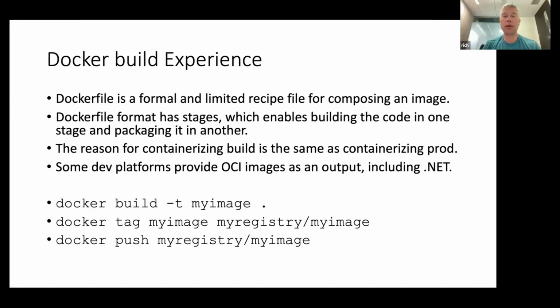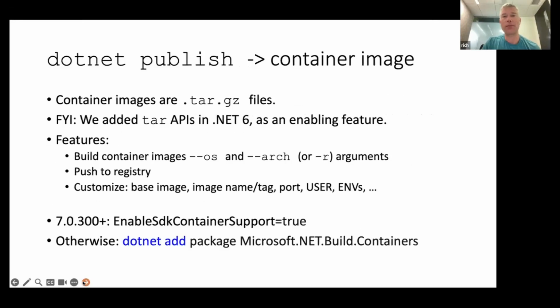What you see here is the traditional, old school system. This is actually the one that I continue to use personally since I'm so familiar with it. But now you can actually produce OCI images directly from dotnet publish. Container images are just tar.gz files underneath the covers.